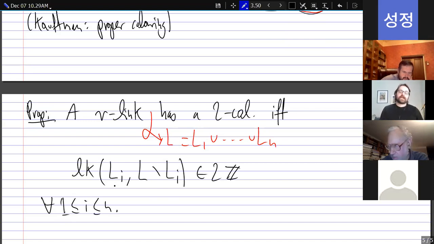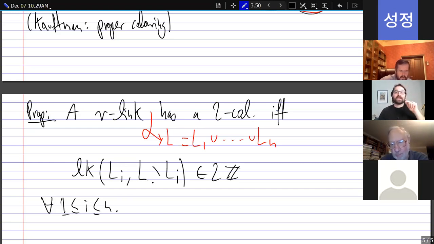So, sorry, I've said that wrong. If it has even linking number with the rest of the diagram, and this is actually a key point, this does not imply that the pairwise linking numbers between two individual components are even.